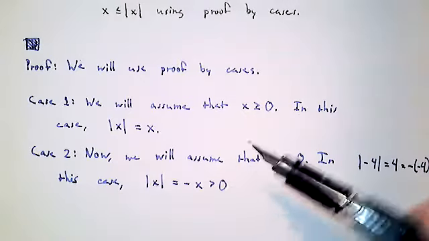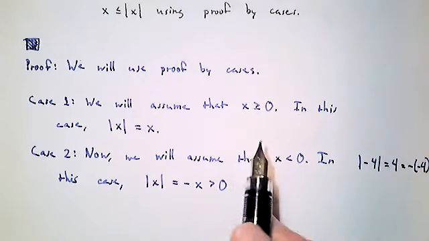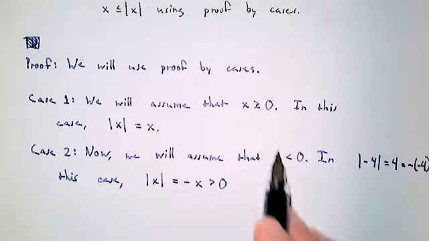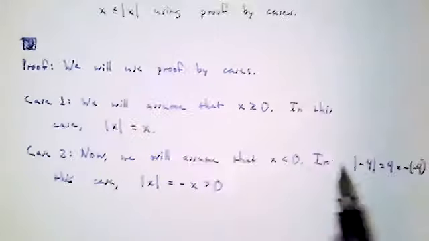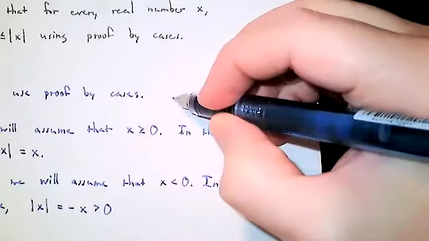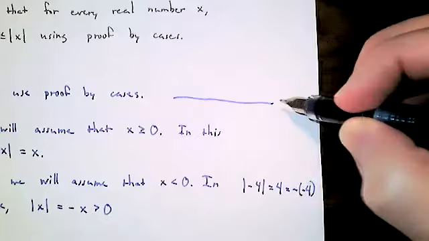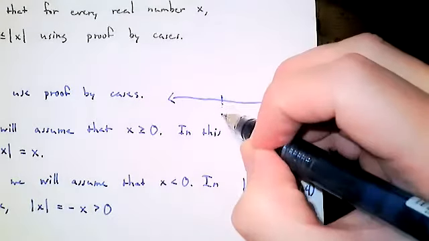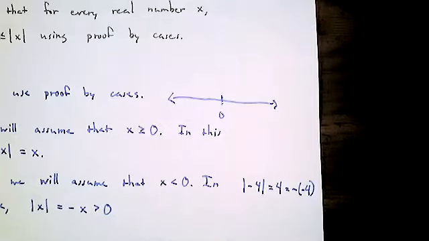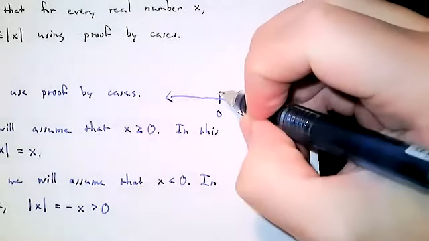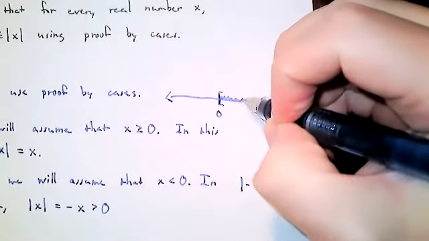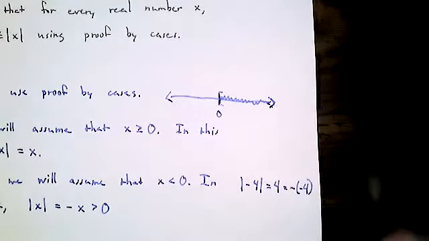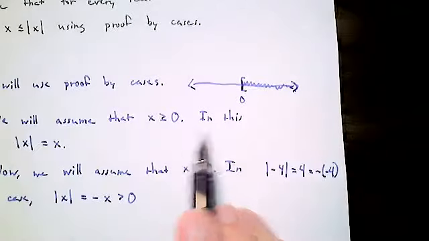Okay. The assumption here. So here we've broken down the real numbers into two cases. If we were looking on the number line, what we've done is we've broken it at 0. So we've said that if you start at 0 and go this way to the right, this is my first case.